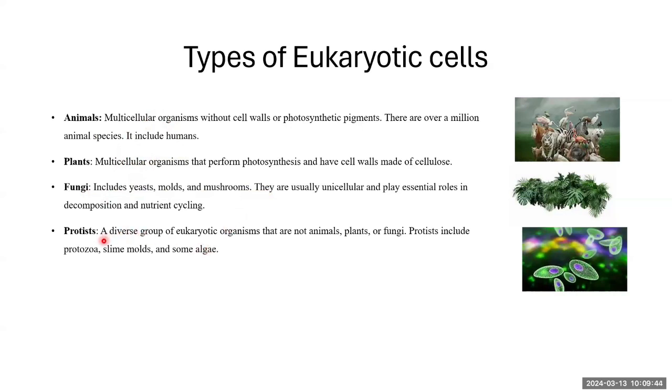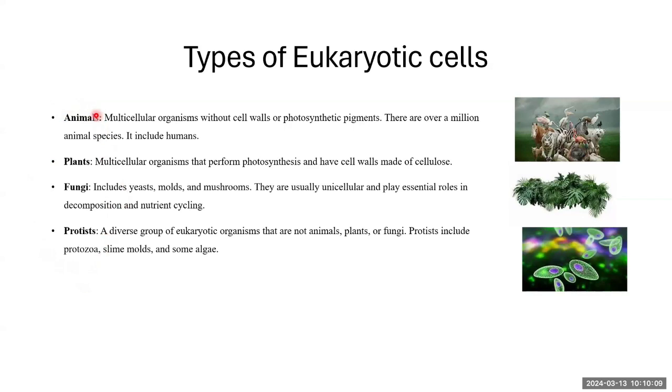And then protists. Protists are not fungi and neither bacteria. They are present in water bodies and are called protozoa, slime molds, and some algae. So these are the organisms that contain a proper nucleus, and they have eukaryotic cells.